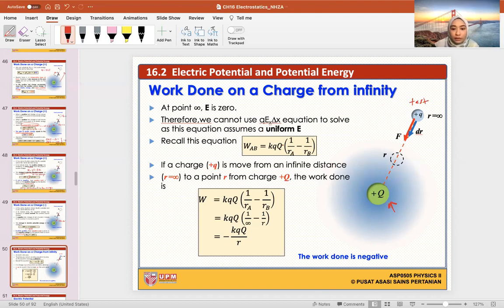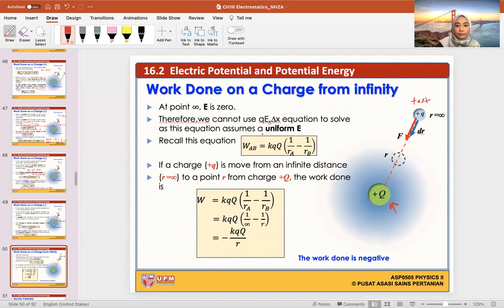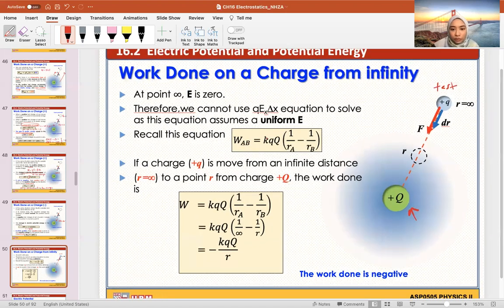We have to use the other equation that I showed you earlier, which is the work done to move a charge from A to B is equal to kQq. k is your constant, q is the test charge, capital Q is your source charge, 1 over r_A, the initial point, minus 1 over r_B, the final point.